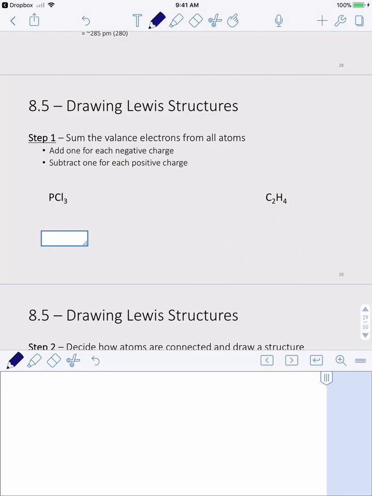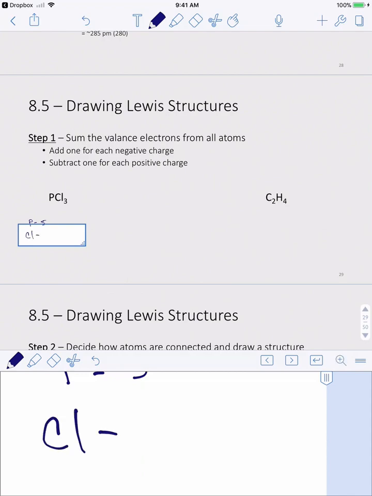C2H4. So for PCl3, the first step we want to do is sum all of the valence electrons for all of the atoms that comprise the molecule. For PCl3, we have one phosphorus, and phosphorus, if we look on the periodic table, contains 5 valence electrons. And then we also have 3 chlorines.